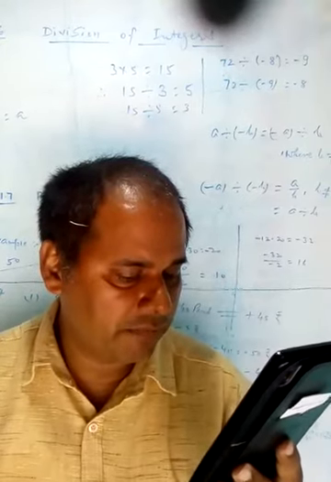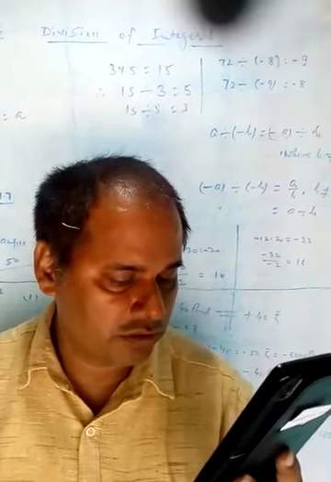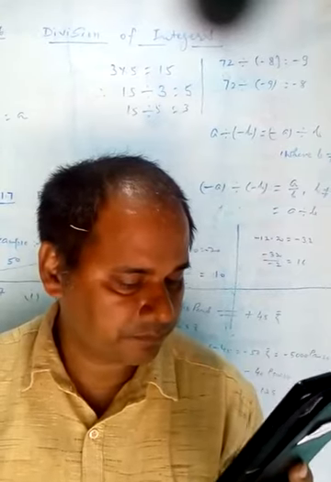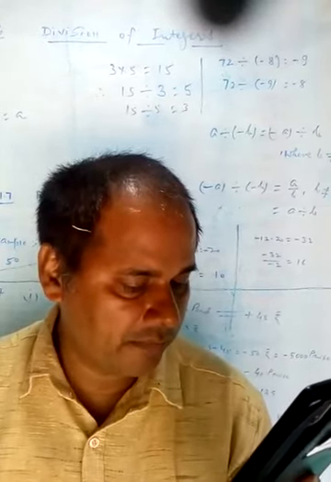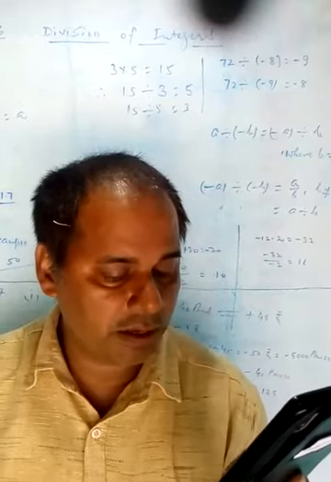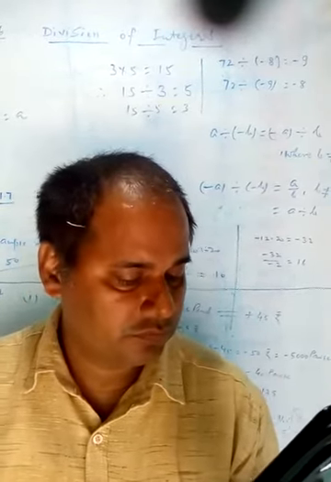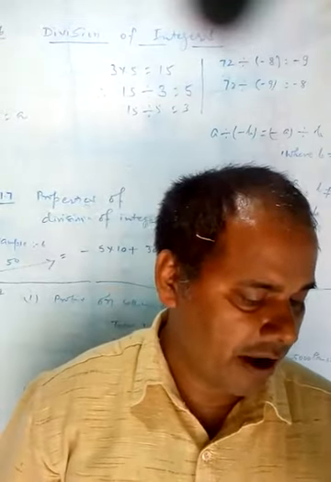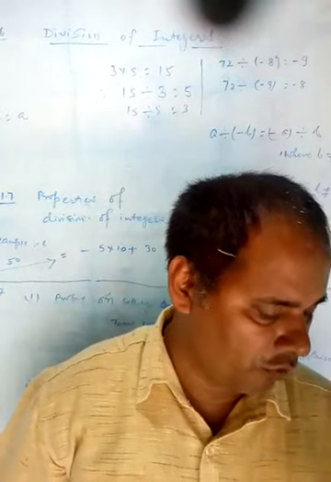Minus 8 divided by minus 4 is equal to 2. Result is an integer. Minus 4 divided by minus 8, result is not an integer. It is 1 by 2. Justify it by taking 5 more examples of your own.